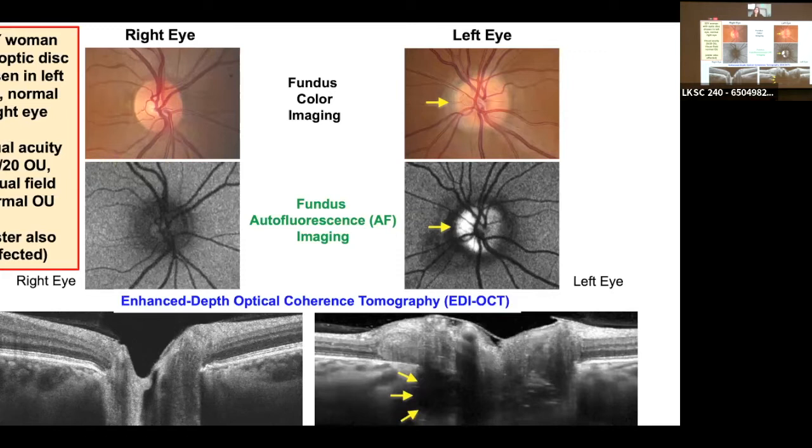Now, in contrast, the left eye clearly looks full and the margins are blurred. You wonder if it's swollen. That's a very typical appearance of a case of severe drusen. And on autofluorescence imaging, you can see that the entire optic disc is bright, but it's brightest in the nasal portion, following that superior nasal predominance.